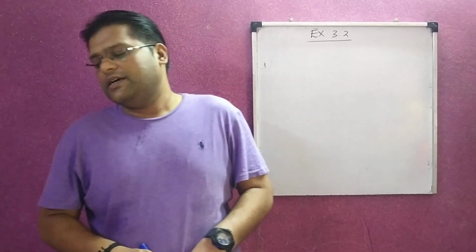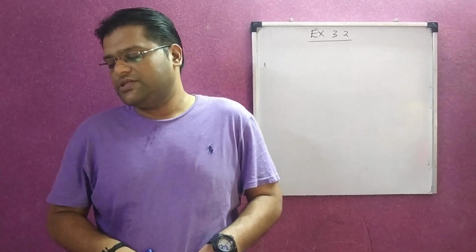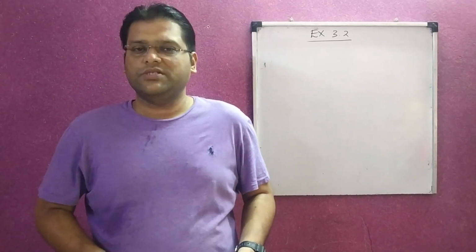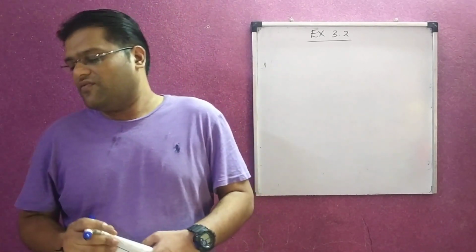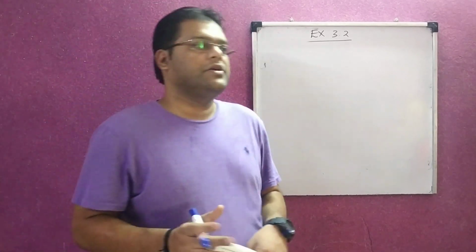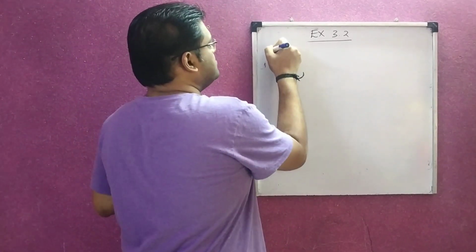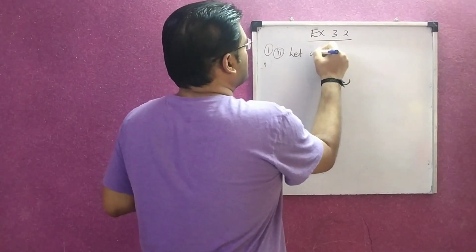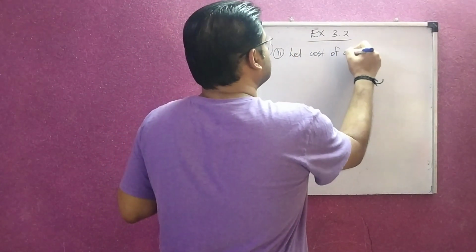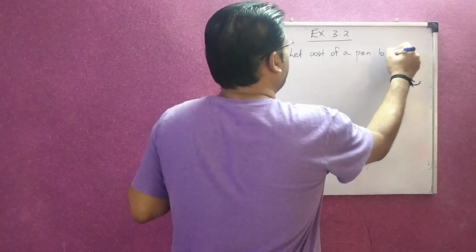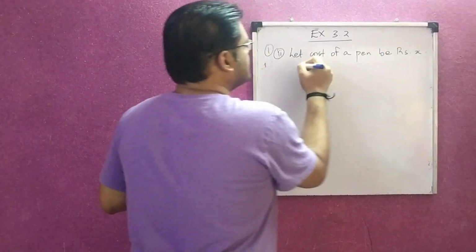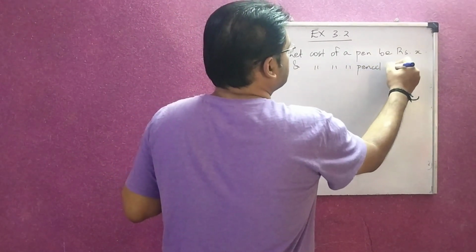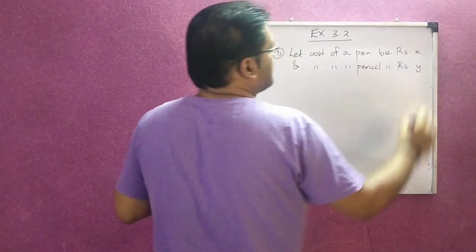5 pencils and 7 pens together cost rupees 50. 7 pencils and 5 pens together cost rupees 46. Find the cost of 1 pencil and 1 pen. Now, let cost of a pen be rupees x and cost of a pencil be rupees y.